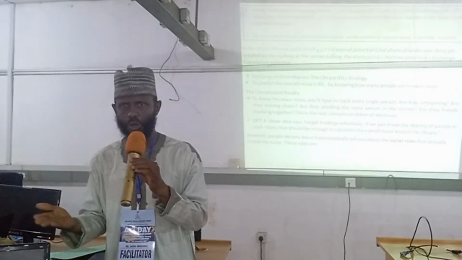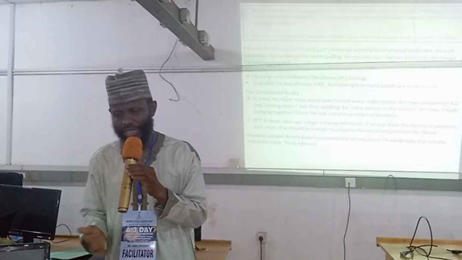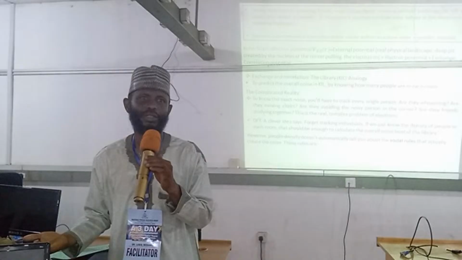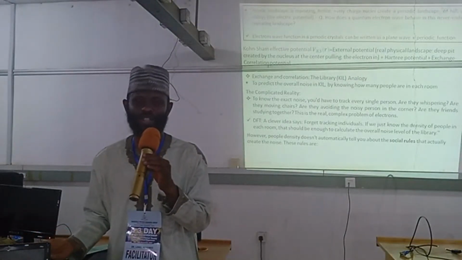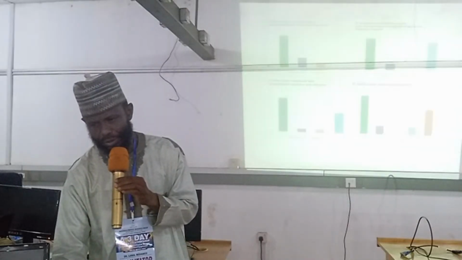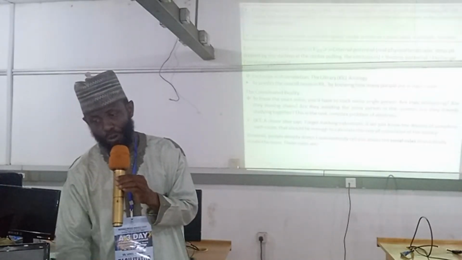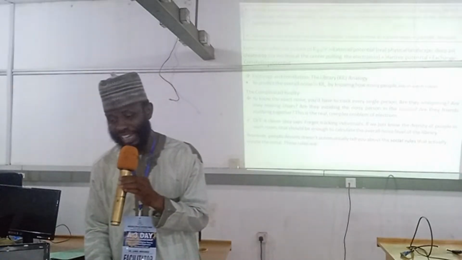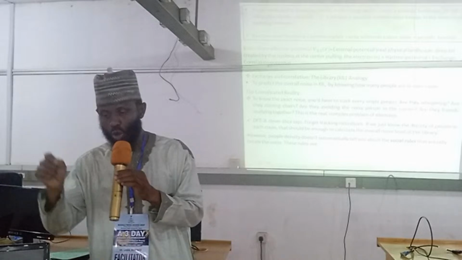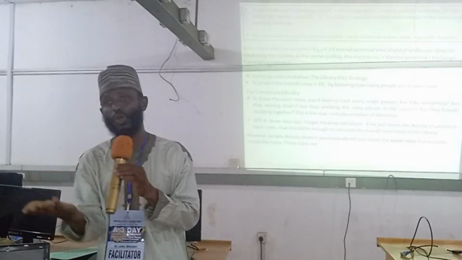If you can get the density of people in each room, then that should be enough to calculate the overall noise level inside the library. But that's a very rough approximation, right? Okay. However, people density doesn't automatically tell you about the social rules that actually create the noise.